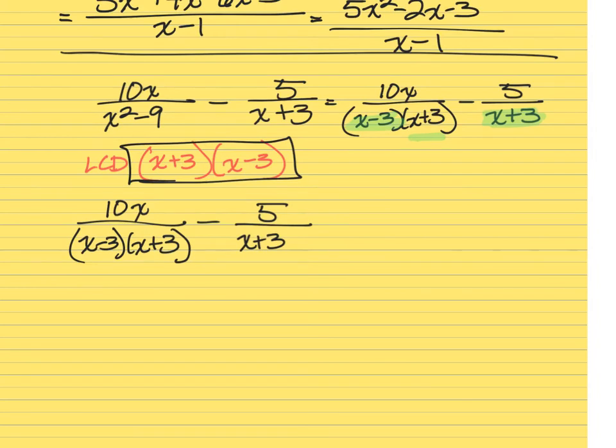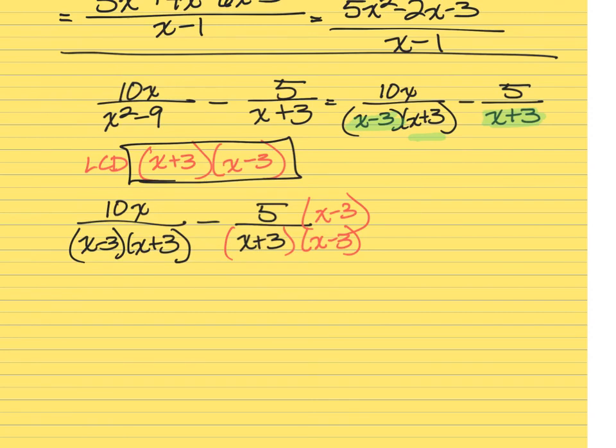This guy is already good. But this one is not. Here's what you do. What denominator do I have? An x plus 3. What denominator do I need? x plus 3, x minus 3. So I am missing an x minus 3. So we're going to multiply this one by x minus 3 on the top and on the bottom. And now it's got the common denominator.